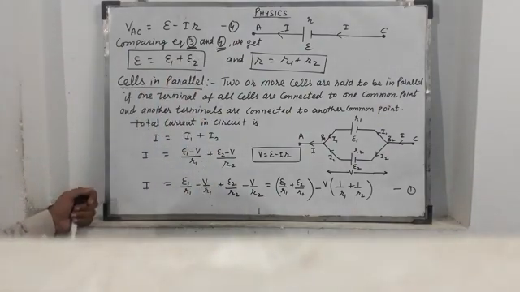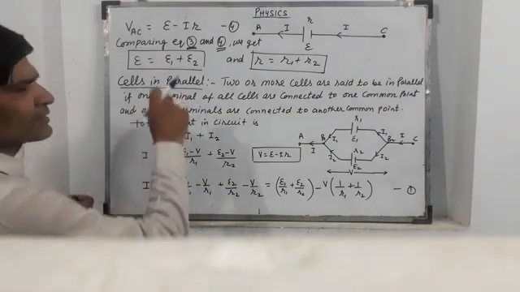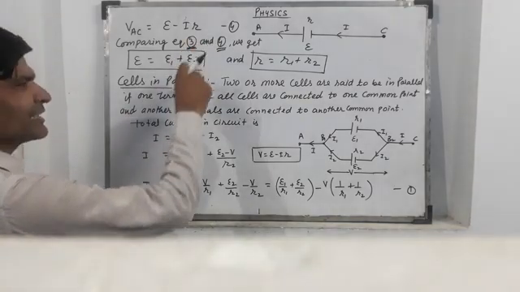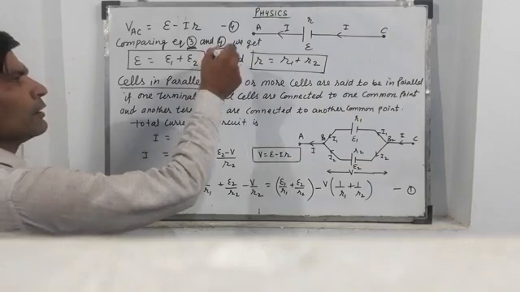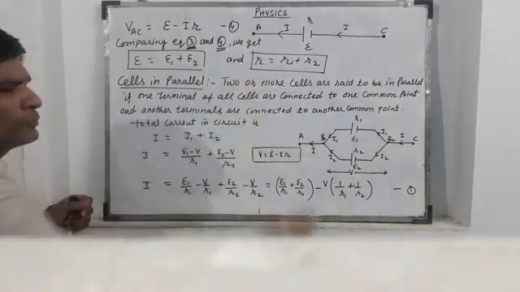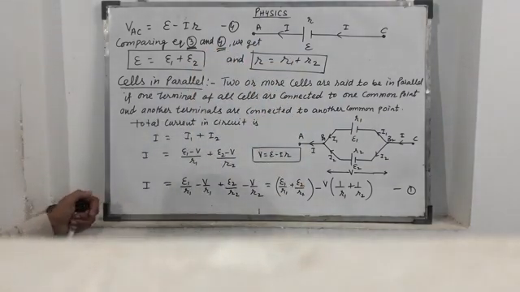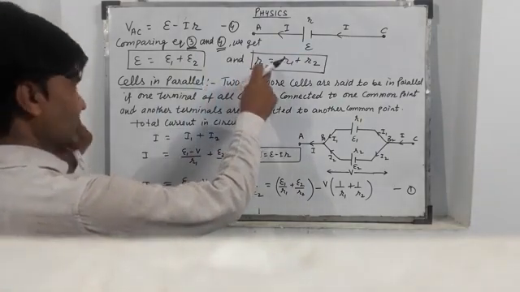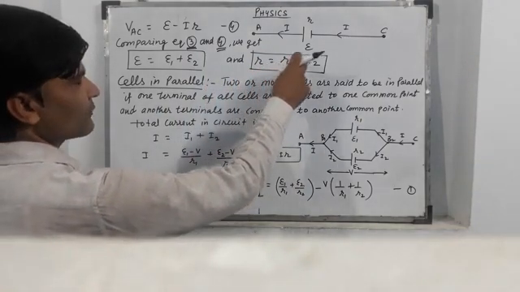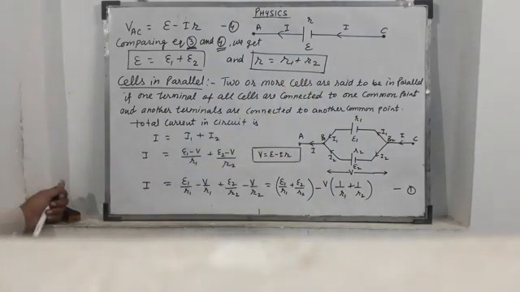This is in case of two cells. If there are three cells, then plus E3, and if there are n cells, then plus E3 and up to En. Similarly, the internal resistance R is equal to R1 plus R2.